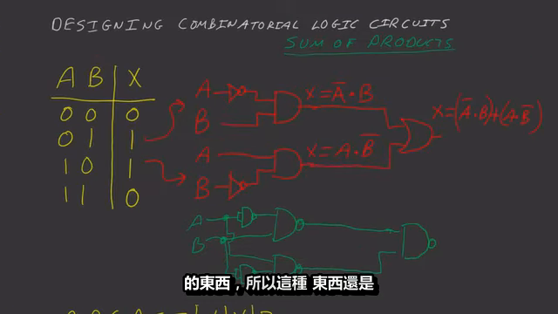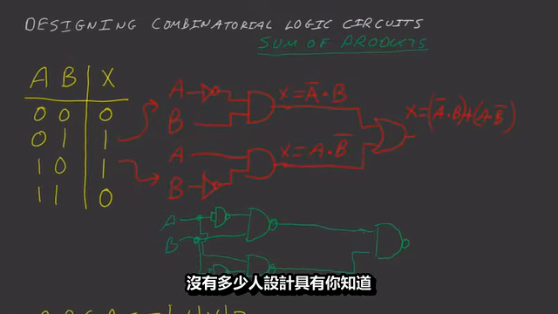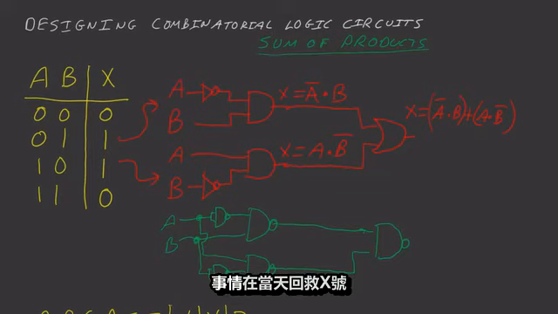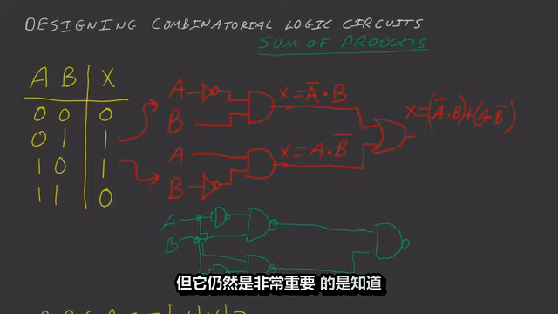So this is still done today, even though there's not many people designing big systems with discrete 74 series logic anymore. This was a big thing back in the day to save X number of chips on your board, but it is still very important to know this from a digital logic point of view. So we'll look at Karnaugh map simplification next time.